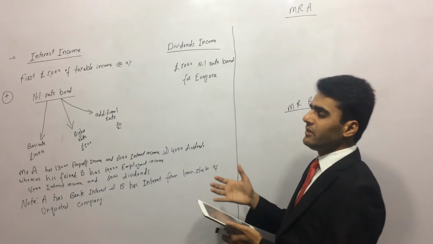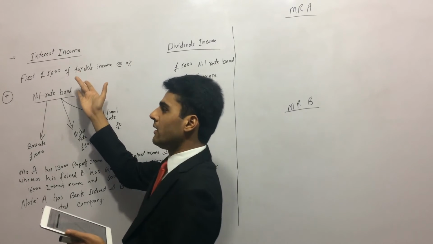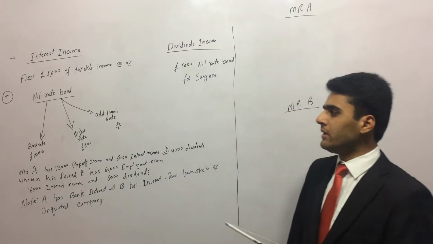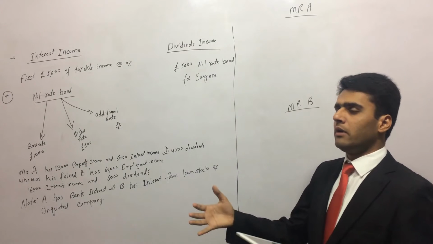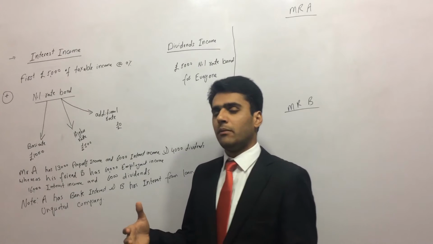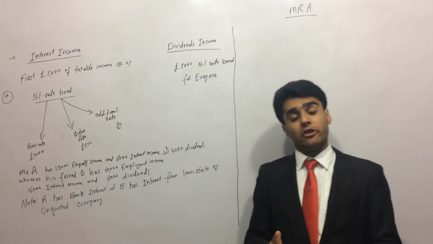And there is an additional thing on top of that. We also get what is known as the nil rate band. What the nil rate band is depends on whether your interest income comes under the basic rate band, higher rate band or additional rate band.